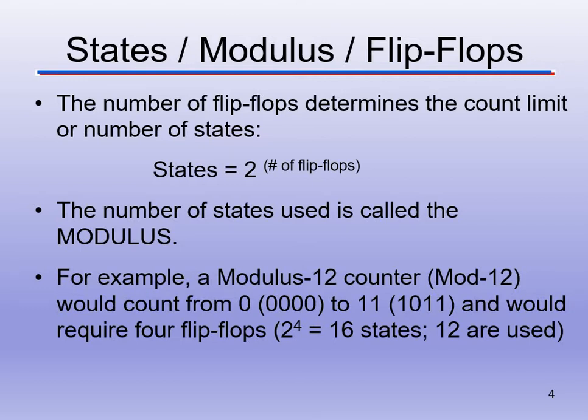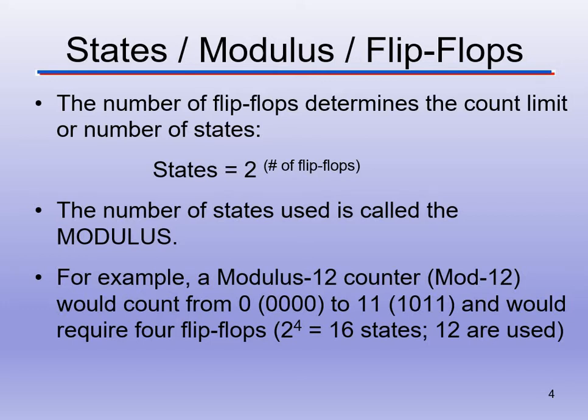can get 16 states. Remember, 16 states allow us to count from 0 to 15, so that would be going 0000 all the way up to 1111. So we got to make sure that we choose enough flip-flops to make sure that we can cover all the states that we're counting. So we're going to use 2 to the 4th, or 16 states.